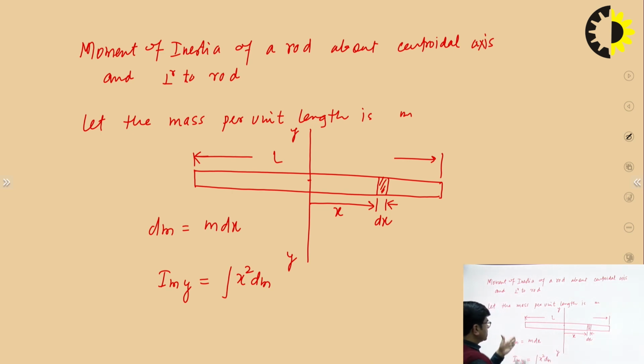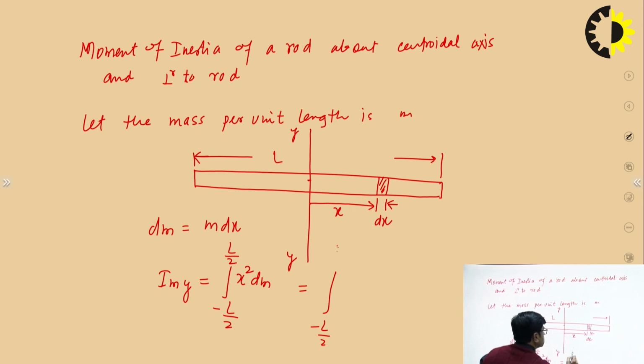So, limit of integration minus L by 2 to L by 2. Putting the value of dm, it comes out as integral from minus L by 2 to L by 2 of x square, and dm is m dx.